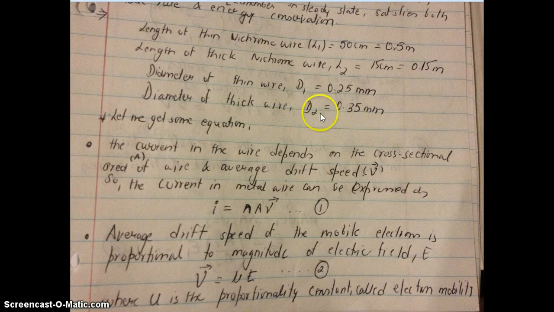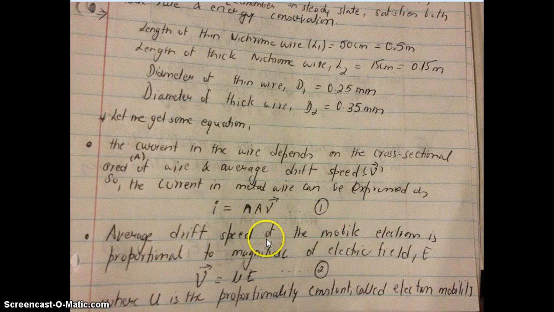Before we get into the calculation, let me go over some equations, just a revision from what we learned in chapter 19. The current in the wire depends on the cross-sectional area A of the wire and the average drift speed v. So the current in a metal wire can be expressed as I equals nAv. Let us call that equation 1.